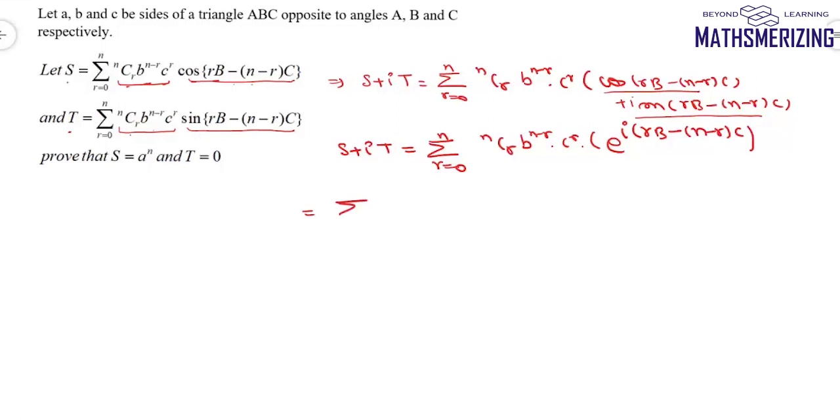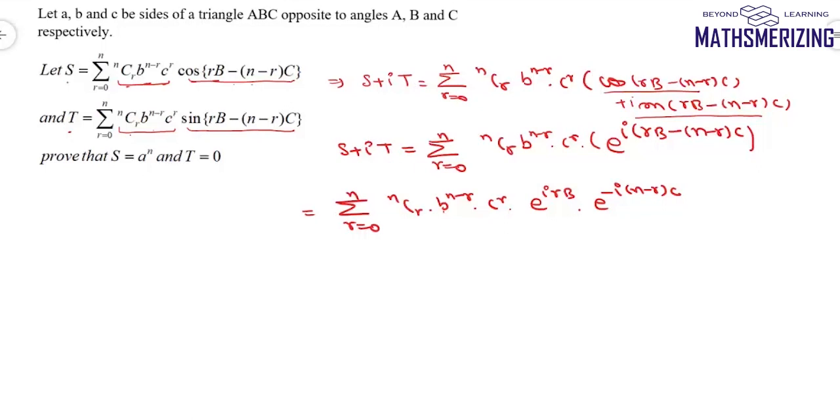So I can also write it as summation nCr b to the power n minus r, c to the power r, and here I'll split this term in two parts, e to the power iota rB and then e to the power minus iota (n minus r)C.